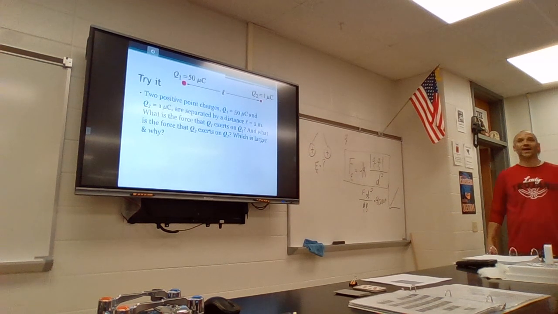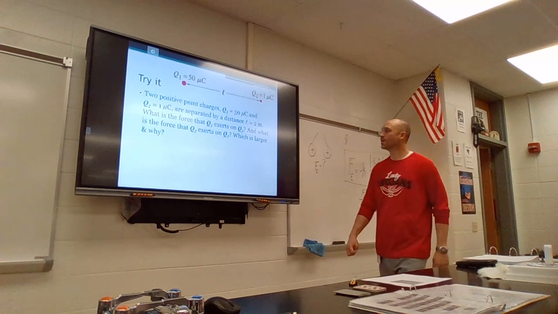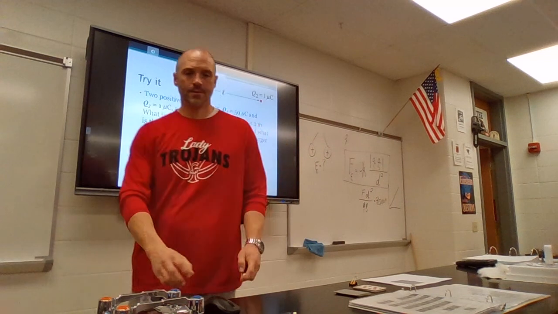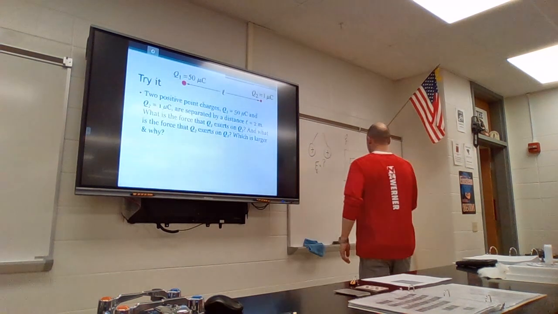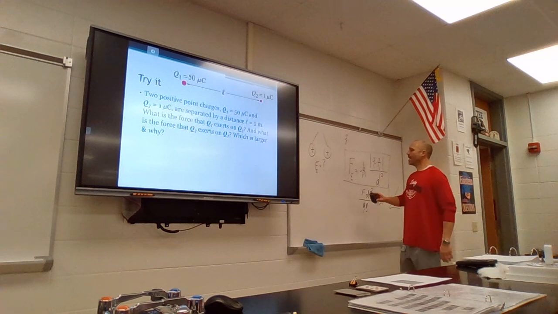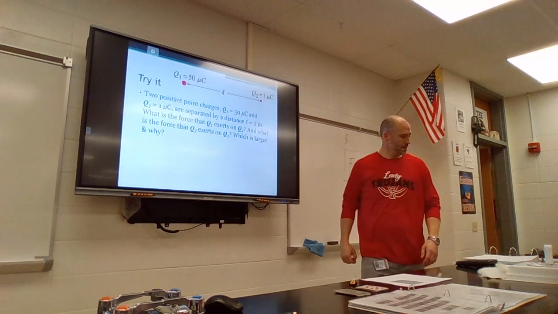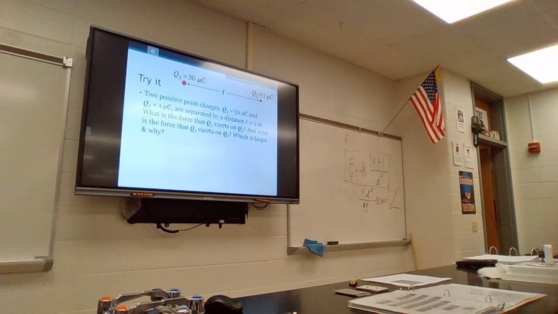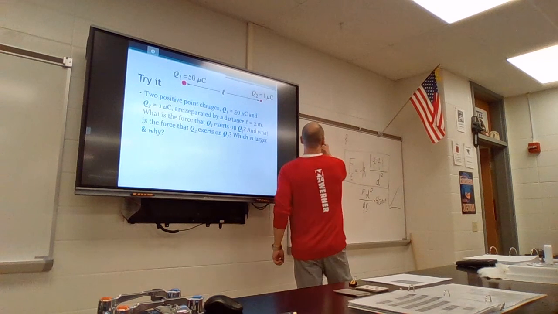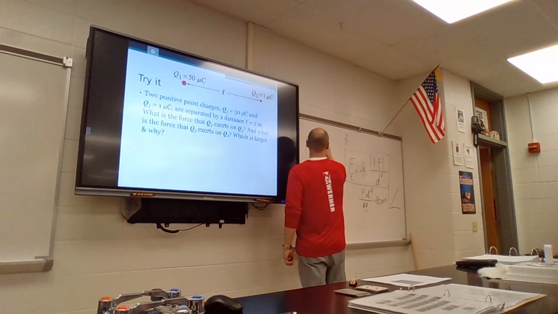Right, so I want you to get out your calculators and give this a try. See if you can do this problem. So as we work through this problem and apply our Coulomb's law equation, this electrostatic force is equal to K. So my 9 times 10 to the 9 is my K value.